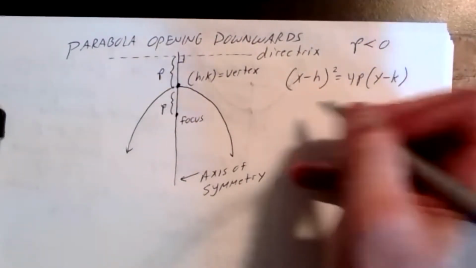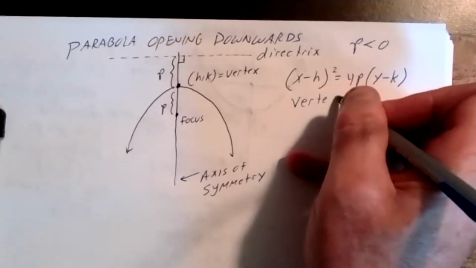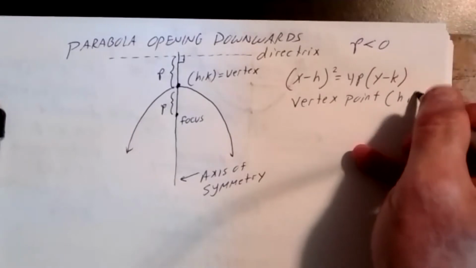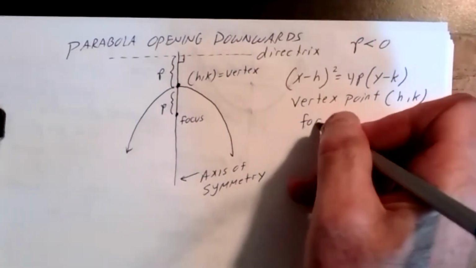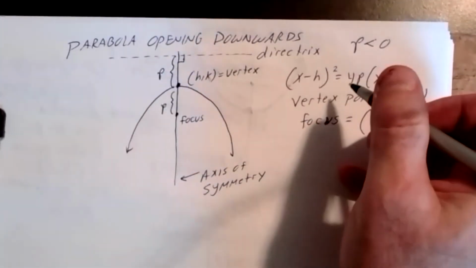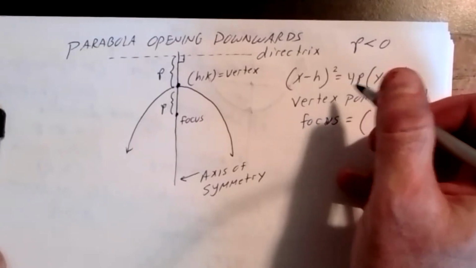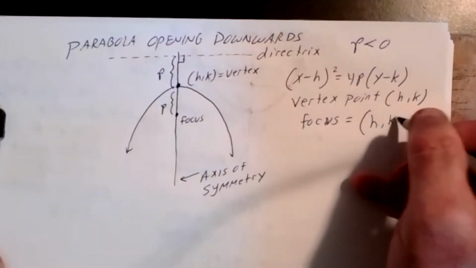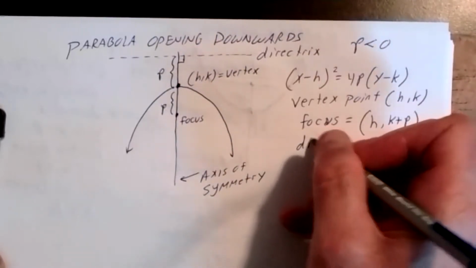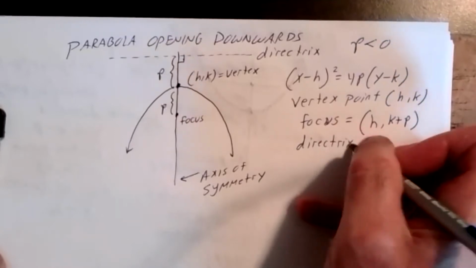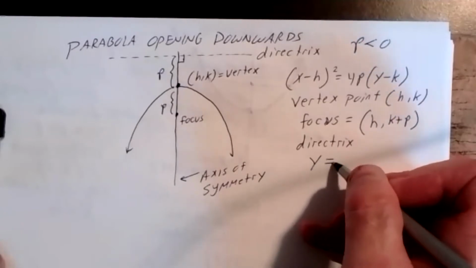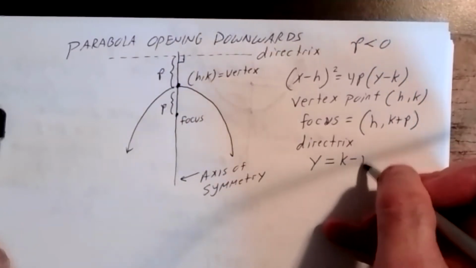What else? Well, we know the vertex is (h, k). You can read that right off from the equation. We know the focal point, the focus, would be the ordered pair (h, k plus p). The equation of the directrix, since it's a horizontal line up here, is y equals k minus p.